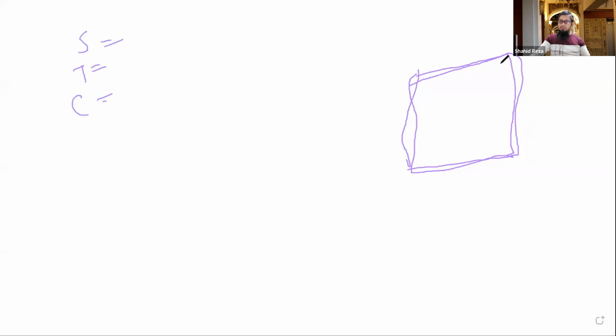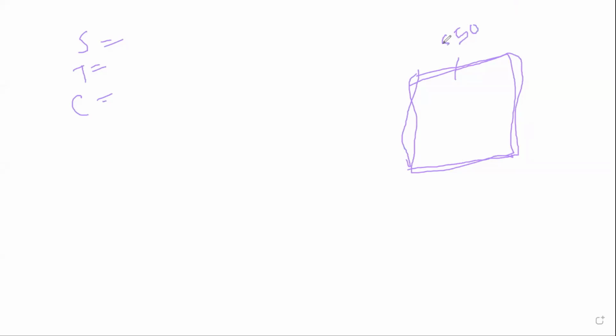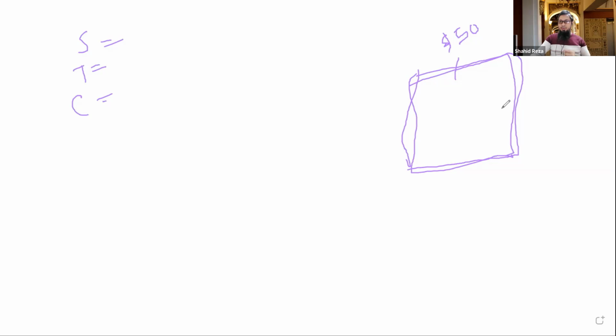We are assuming actually. So to complete these 4 walls, we will need $50 to complete a single wall. So $50 per wall. Okay. And we will need 1 day to complete 1 wall. So this is our planning. That means this is our schedule baseline. So how much time we need to complete the walls? 1 day, 1 wall.